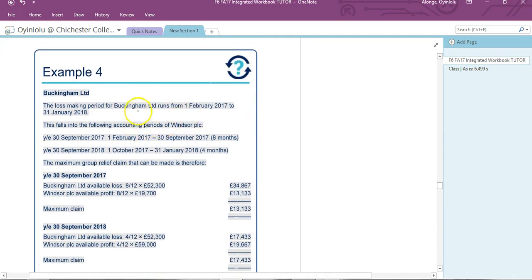Again, the loss-making period runs from the 1st of February to the 31st of January. This falls into these accounting periods. 1st of February to the 30th of September, you saw us do that, is 8 months. 1st of October to the 31st of January, 4 months, form the claim. So this is 8 months, and this is 4 months.